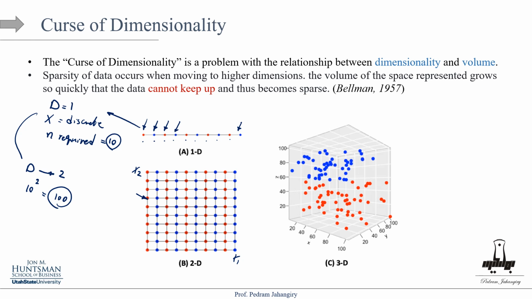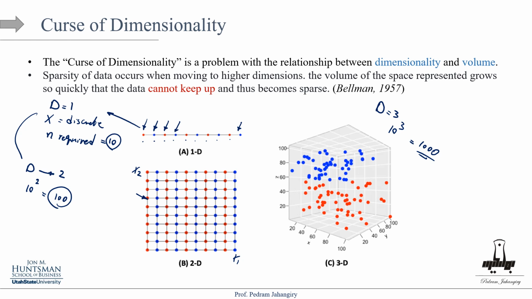Now let's go to dimension equal to 3. So in order to span the entire feature space here, how many observations do we require? Yes, 10 to the power of 3, right? So the answer is 1,000. So as you can see, this is growing so fast. Simply when I go from dimension 2 to 3, it went from 100 to 1,000.